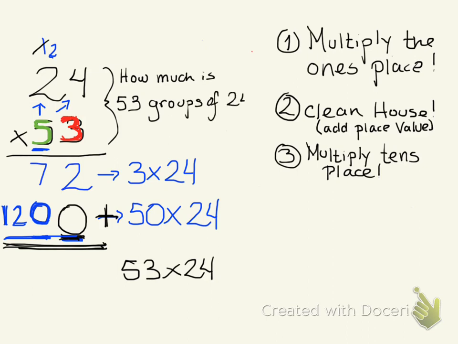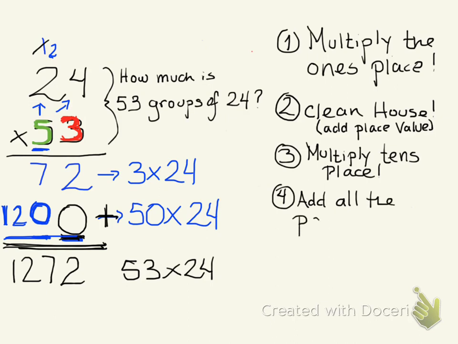So we have to take the 3 and the 50 and add them up. So let's do that. And we get 1,272. That's 53 groups of 24. Okay, so that's our fourth step, right? Fourth step is add up all the parts, the 3 groups and the 50 groups, get them all put together.